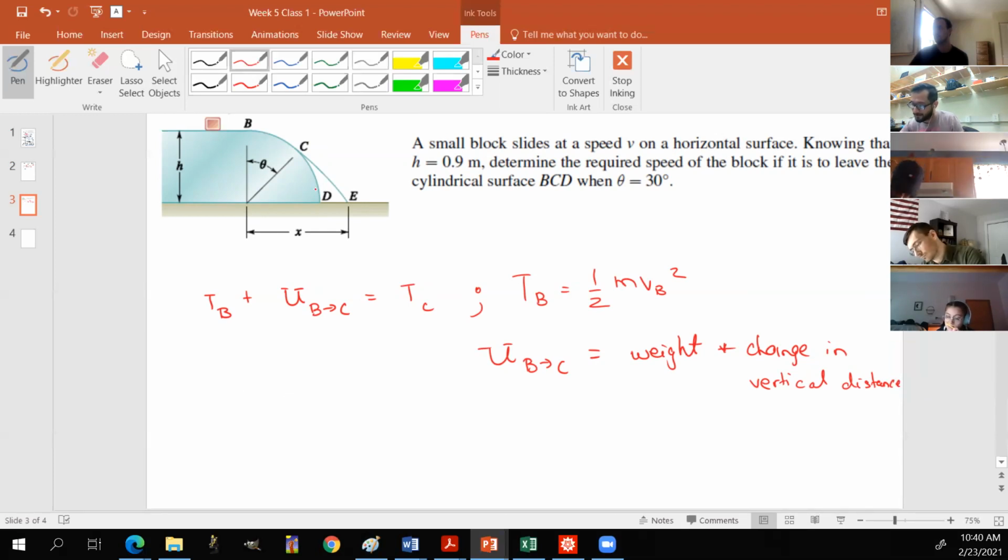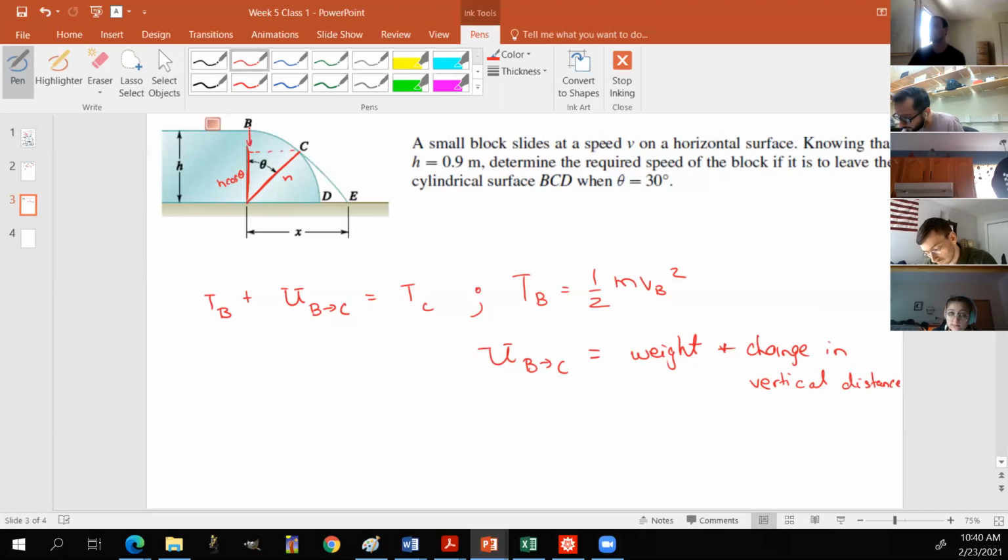So the cylindrical surface is a circular arc, right? So this distance here is also going to be h, and this distance here is going to be h cosine theta.